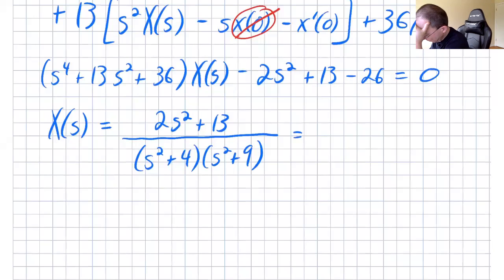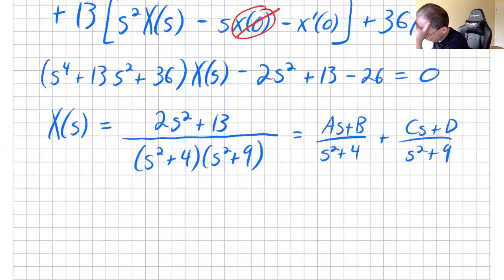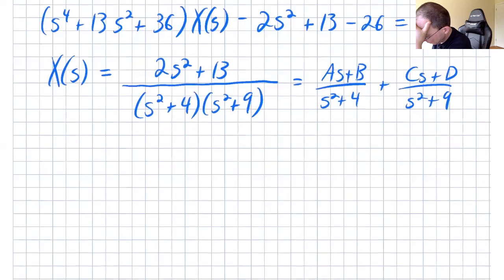So now the partial fractions for this is As plus B over s squared plus 4, plus Cs plus D over s squared plus 9. Okay. Multiply both sides by the denominator.